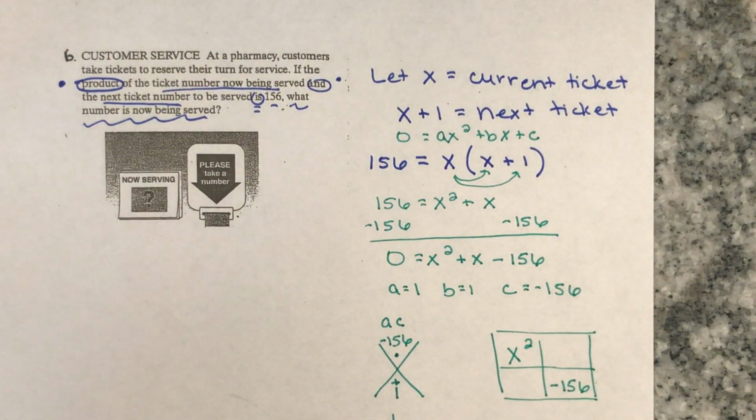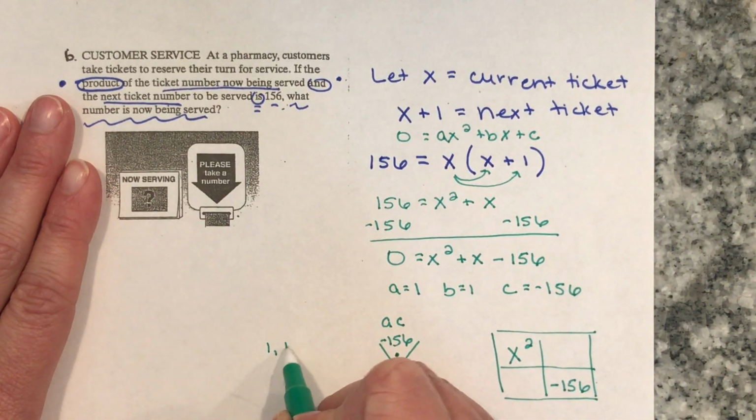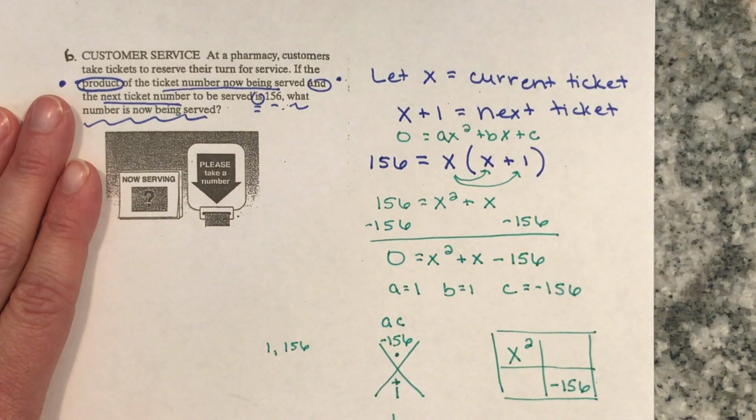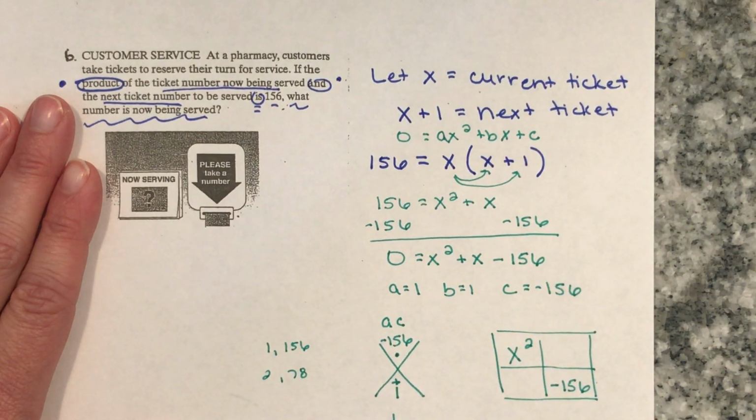Probably you're not well versed in your multiples or your factors of 156. So we got 1 and 156, 2 and 78, 3 and 52, 4 and 39.